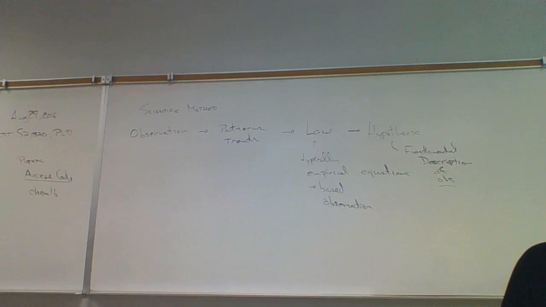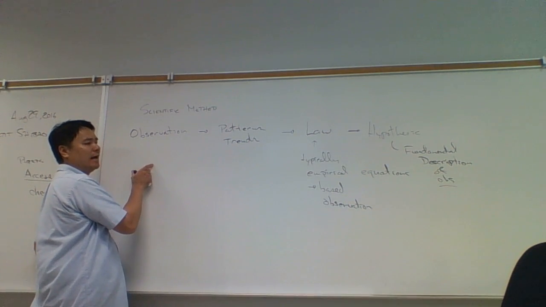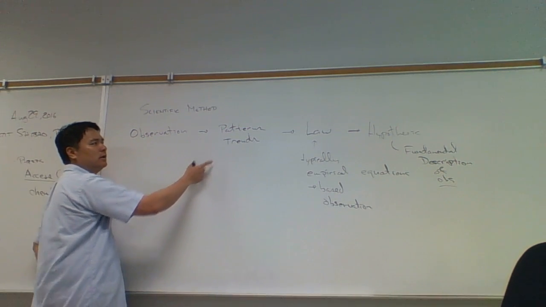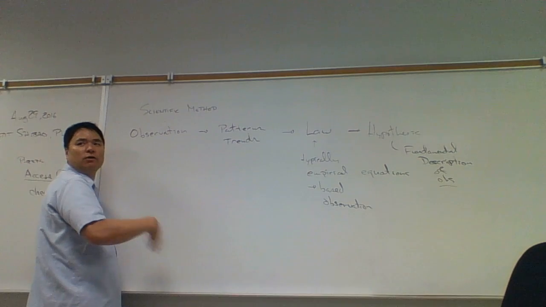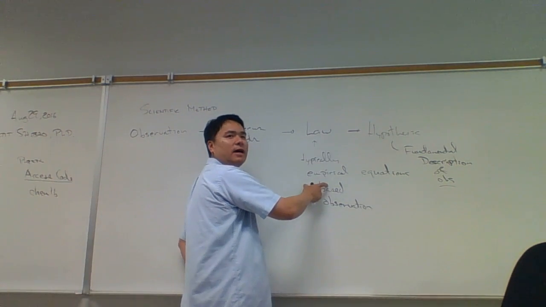And so we have the observation that the mass of the reactants is equal to the mass of the products, which we call the law of conservation of mass. It's a pattern and trend that's observed over and over and over, right? And then we come up with the law of conservation of mass.